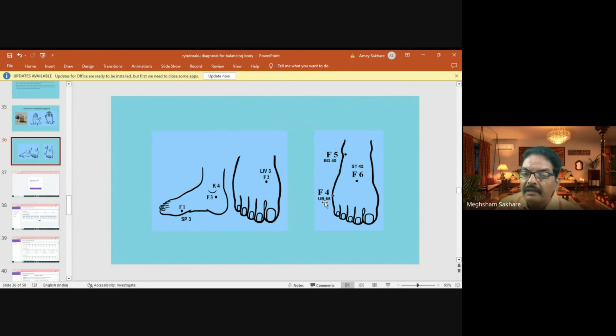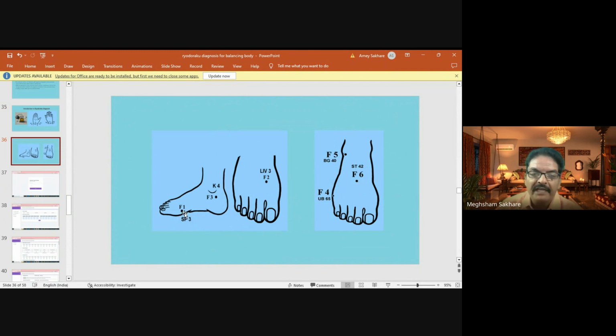Then F4, UB65 is the fourth checking point of the leg. Then GB40 is the fifth checking point of the foot. And F6, that is stomach 42, is the sixth foot point for checking of Rodoraku treatment.